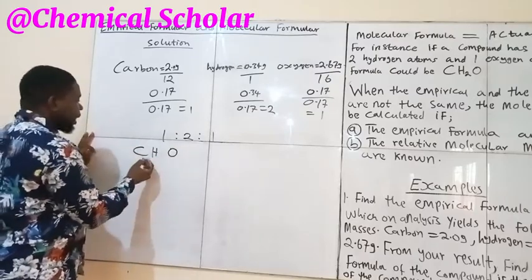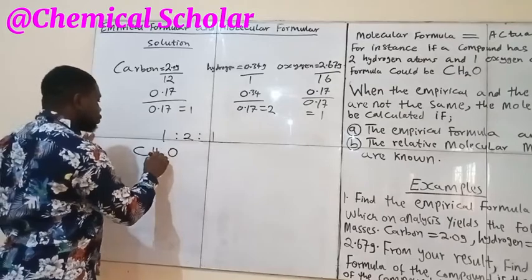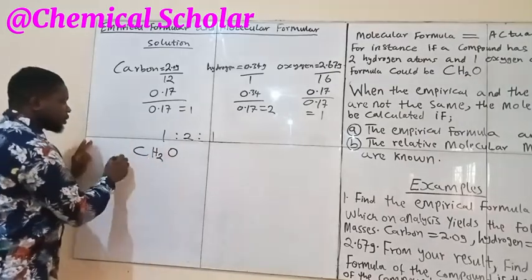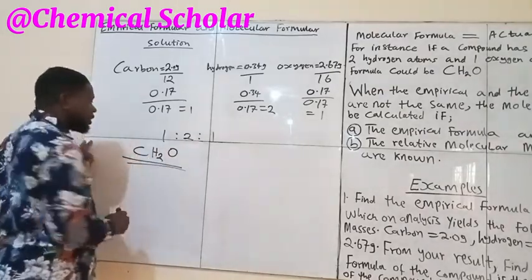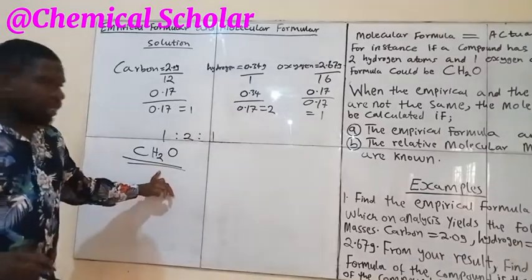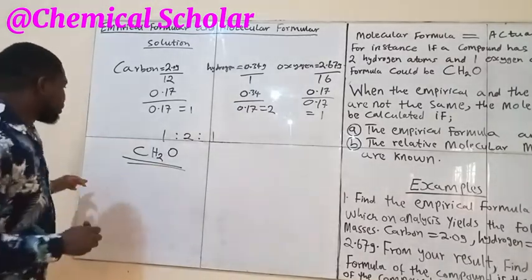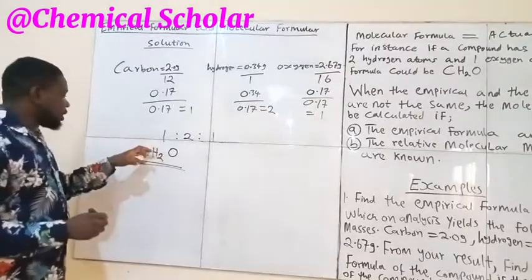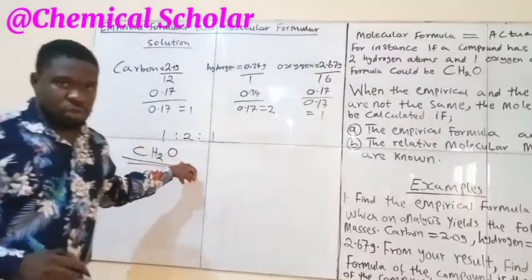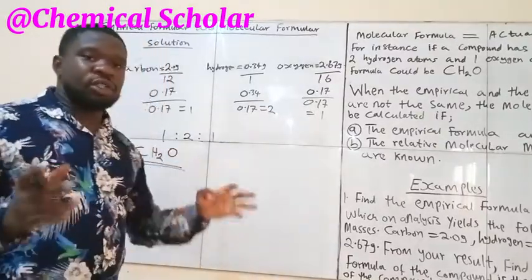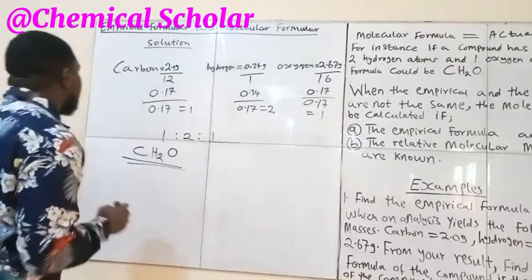So we now have 1 carbon, then 2 hydrogen with 1 oxygen. So this is our empirical formula. So the empirical formula is CH2O.